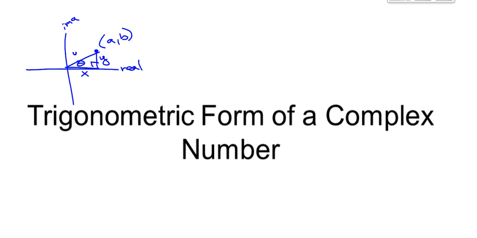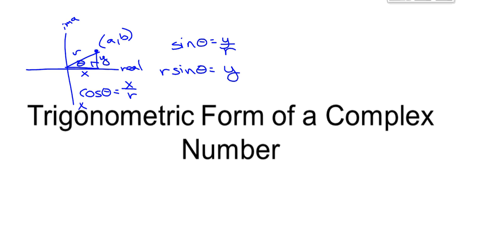This is our x value, our y value, and our r value. If I wanted the sine of theta, it's y over r. So y is r sine theta. Do you agree with that? And we've said that before. And then cosine theta is x over r, so r cosine theta is equal to x.